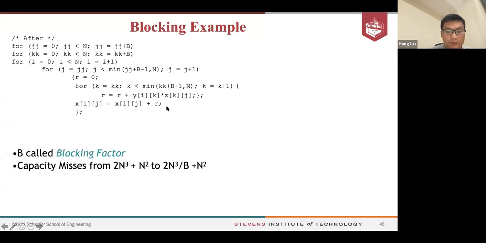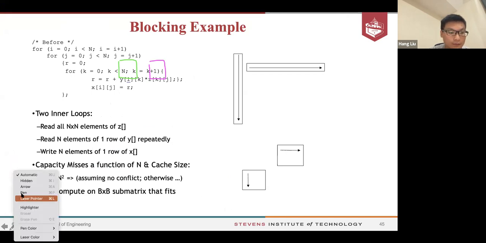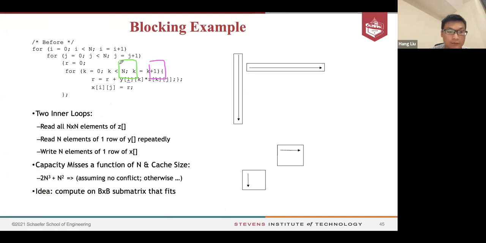So what do you do? You access one row of y and one column of z. Probably that's what you access in this iteration, and then the next iteration is going to be this one, right?